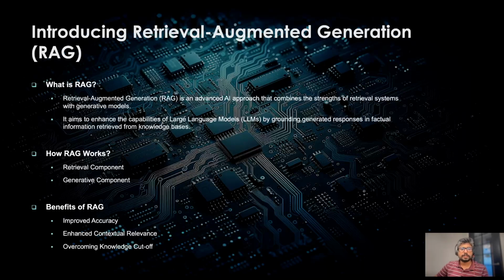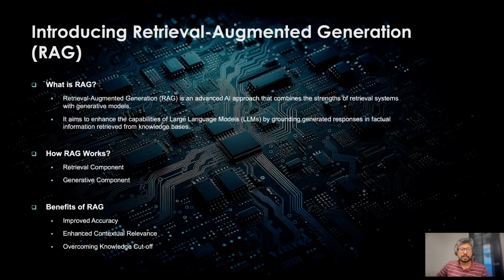The retrieval component ensures that the responses are highly relevant to the user's query, leveraging specific information from the knowledge base. The third one is overcoming the knowledge cutoff. The retrieval system can access the most current information, addressing the limitations of the LLM's knowledge cutoff dates. This ensures that the responses are based on the latest available data, maintaining relevance over time.